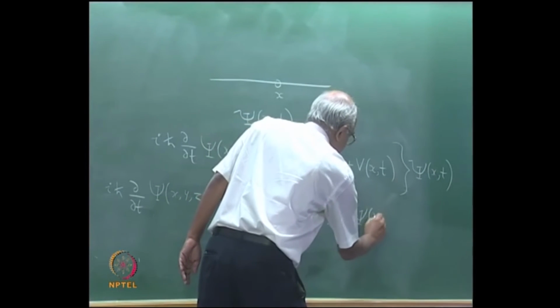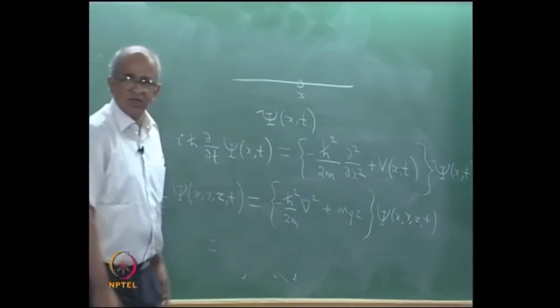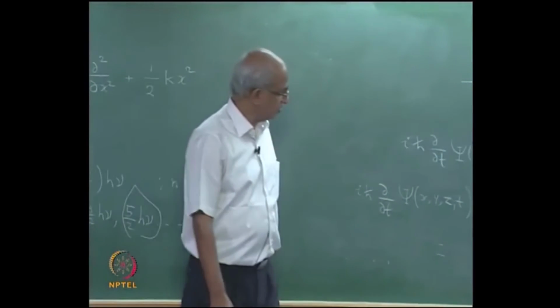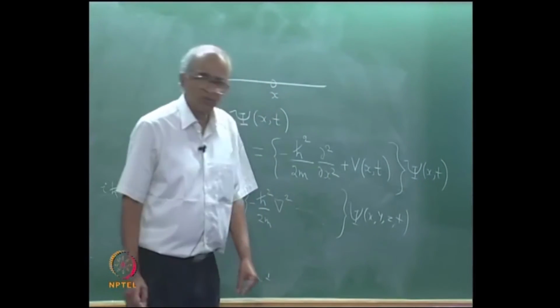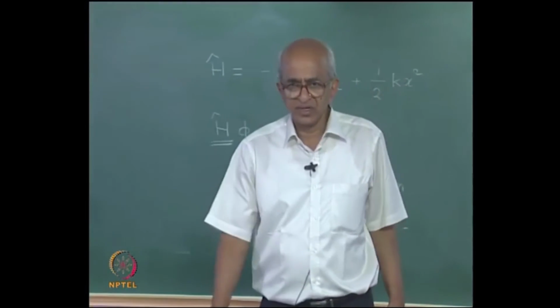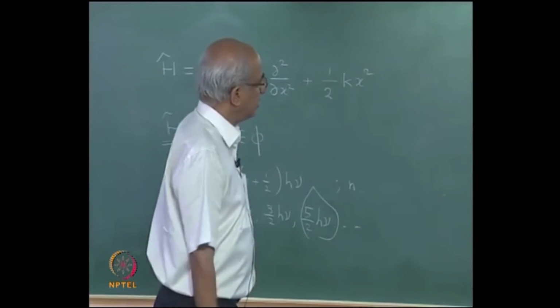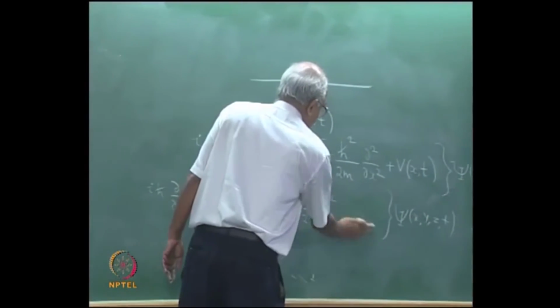This will be the equation which will determine the state function. If you had included the gravitational energy also, but if you do not include it, this term will not be there. The gravitational potential energy, as I said, is not of any importance for most of the problems, and so it is not necessary to worry about it.